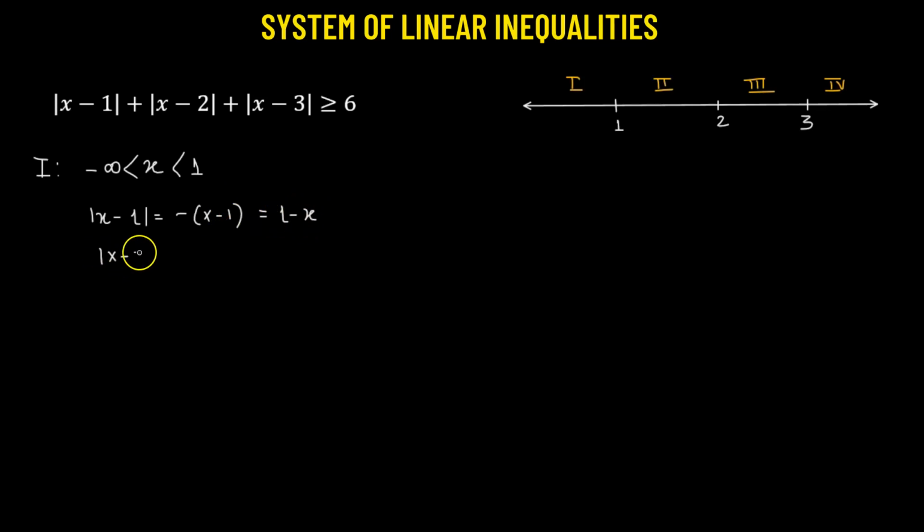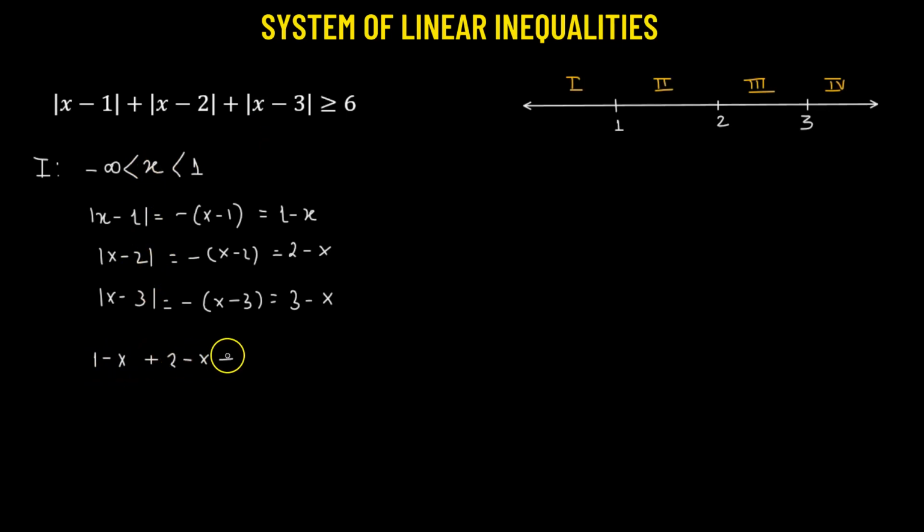The absolute value of x minus 2 in this region will be negative of x minus 2, which is equal to 2 minus x, and the absolute value of x minus 3 will be equal to negative of x minus 3, which is equal to 3 minus x. That means our inequality now becomes 1 minus x plus 2 minus x plus 3 minus x, and this is greater than or equal to 6.